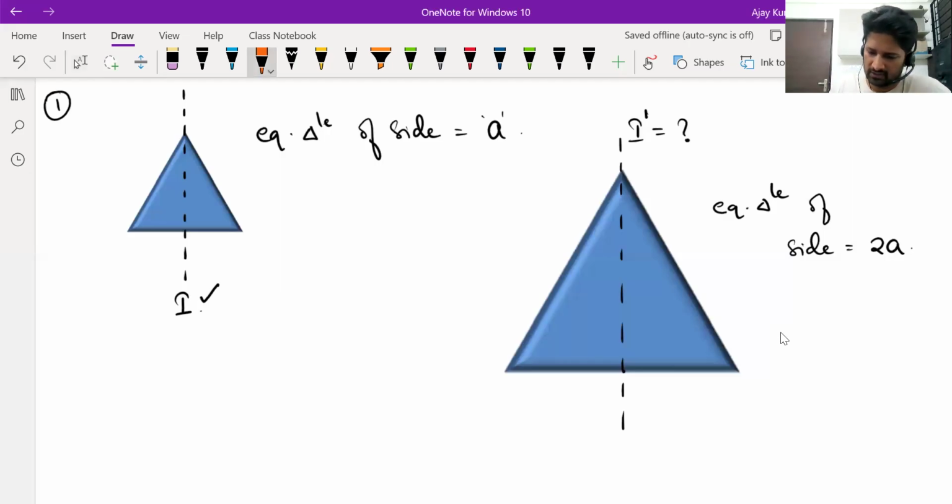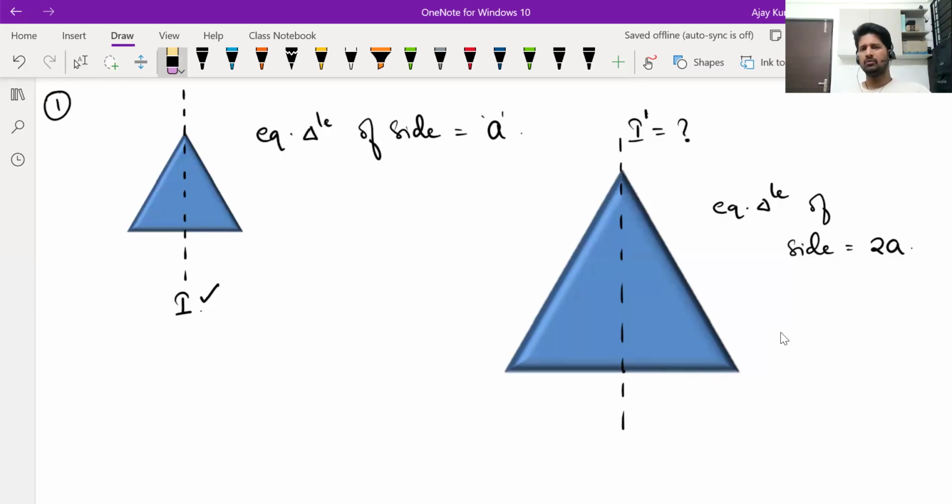Yes or no? You take this particle, for instance, it was at a distance of a by 2 from the axis initially. Now that particle goes here. The side is 2a now, so this distance becomes a. So it's like the distance of every particle is getting doubled from the axis. Okay, that's one difference. All distances are doubled.